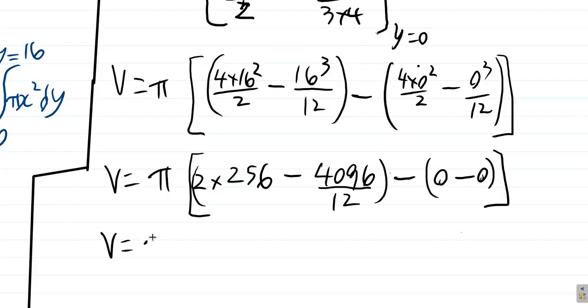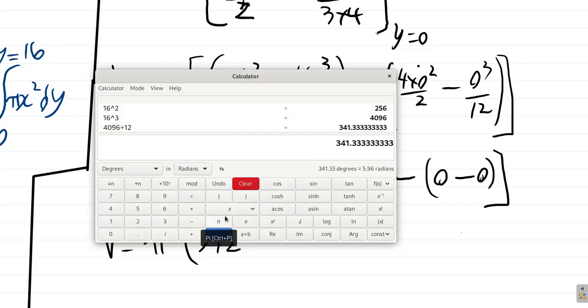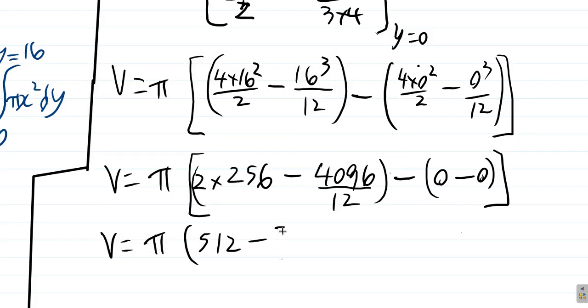So volume is pi times 256 times 2, 512, minus, and then we have 4096 divided by 12 gives us 341.333.